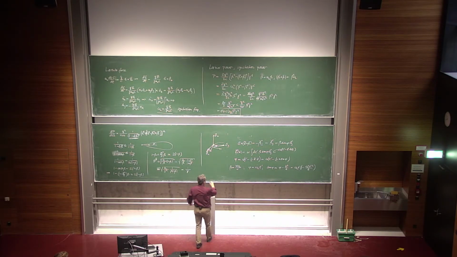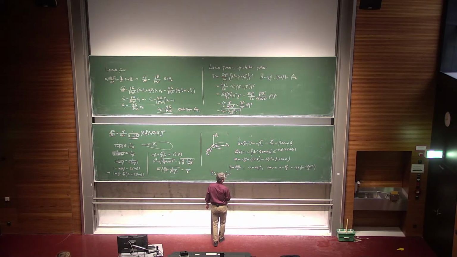Okay, so in this approximation, this is now omega times an integral over dt prime. Beta, let's set beta to 1.